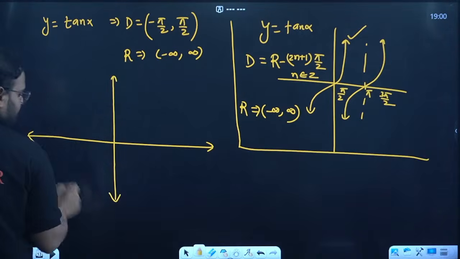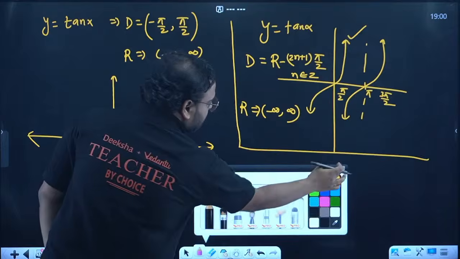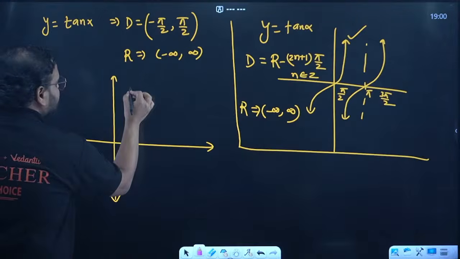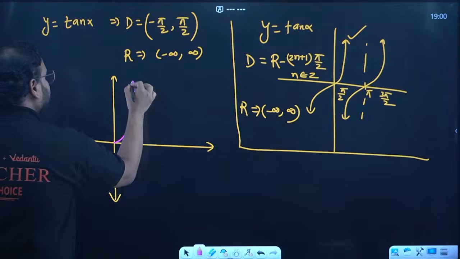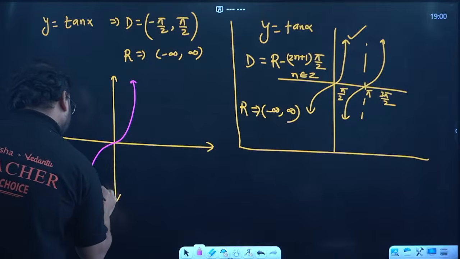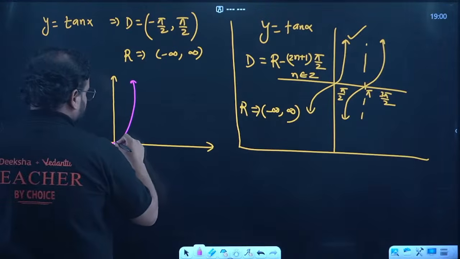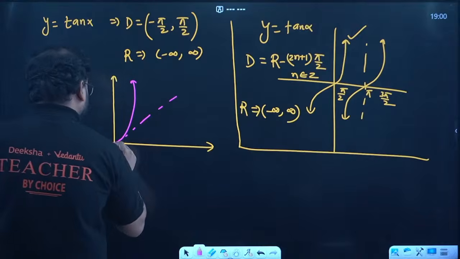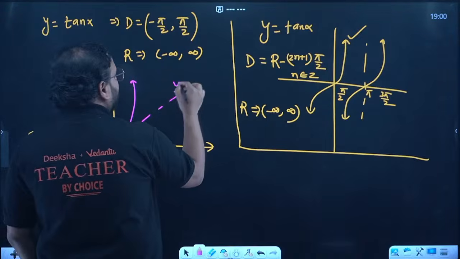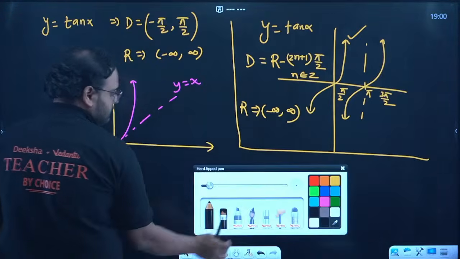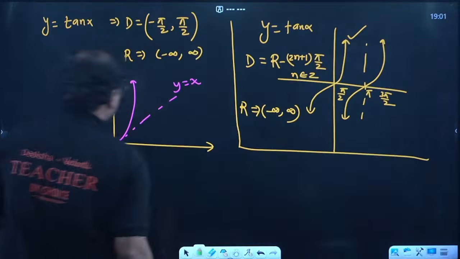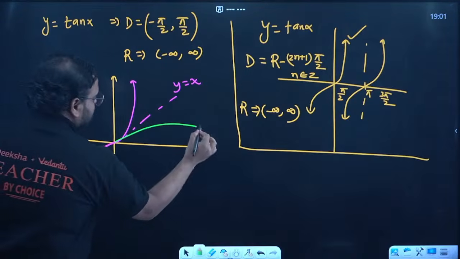Okay, let's look at this. This is my tan function. And this right here is the line y equal to x, and if I take the mirror image of this, it will come out something like that.